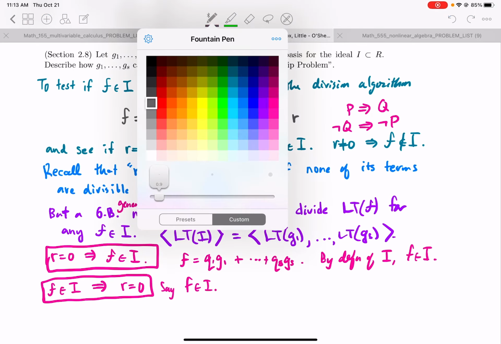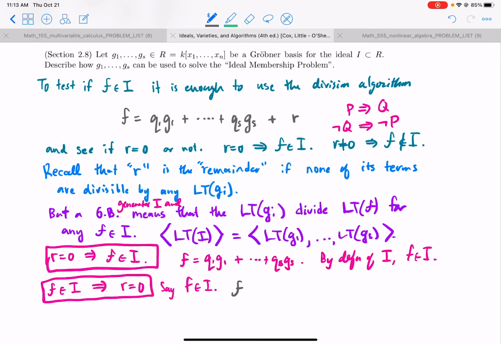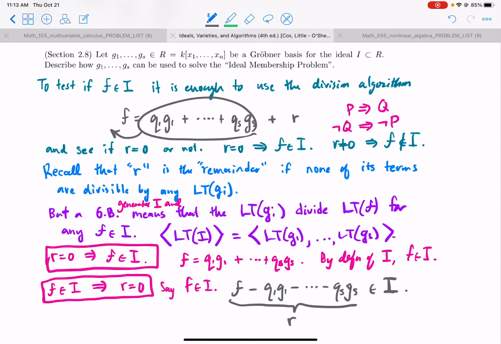So if F is in the ideal, then F minus q1g1 minus through qsgs, well, that is in the ideal. Okay, but this is R. So I just moved these to the left-hand side by subtracting them, and I showed that R is in the ideal.